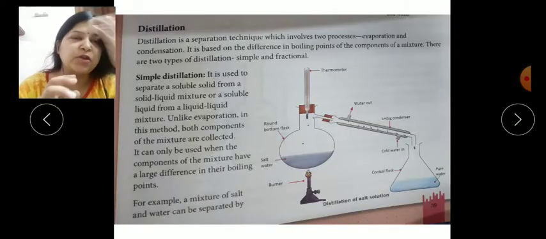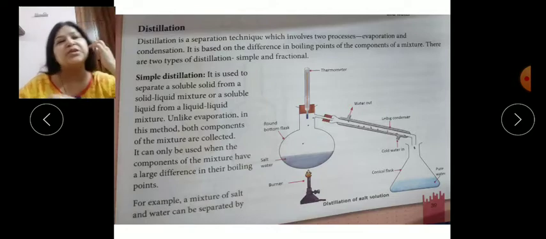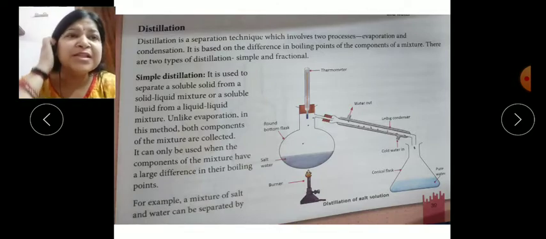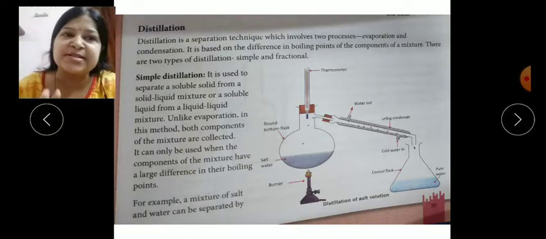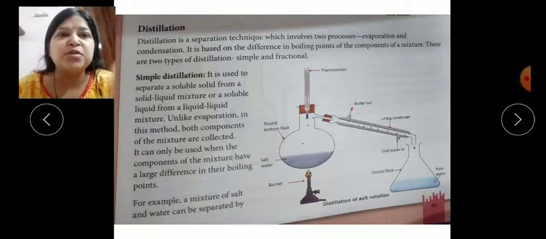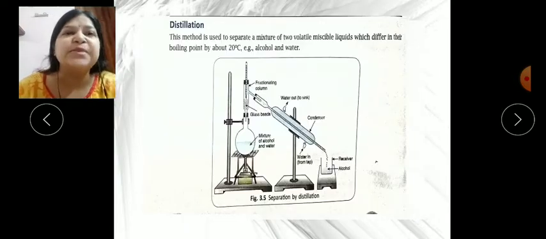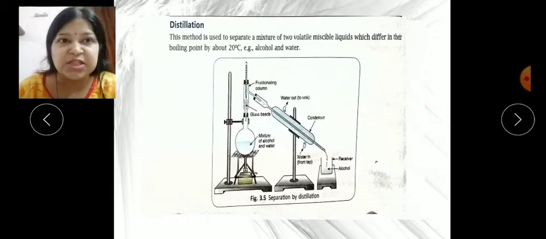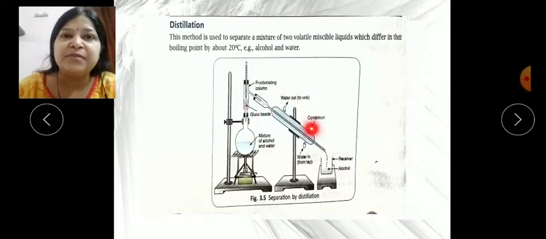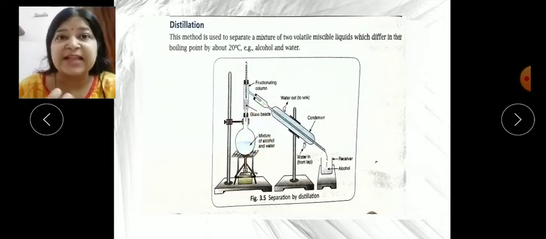Now have a look, I am showing you here, and the same picture is there, but in this one the glass beads are not there, so they are not necessary. Sometimes people use glass beads, sometimes not. What is the use of these glass beads? When the temperature reaches approximately 70 degrees, alcohol starts evaporating, and sometimes water vapor content can come along.